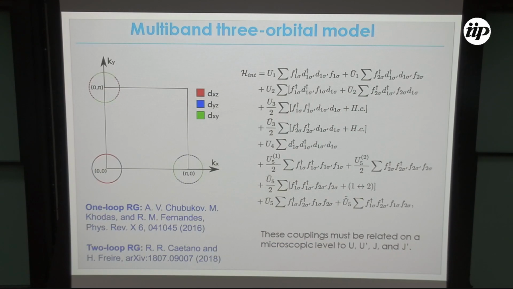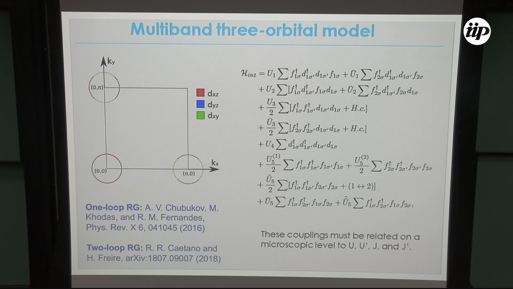So we are going to do that by using this simple model. It's a multiband three-orbital model given here. As you see, I'm starting from a model with hole pockets and electron pockets with the exact orbital structure seen in experiments, and I'm able to parameterize all the interactions among these pockets.